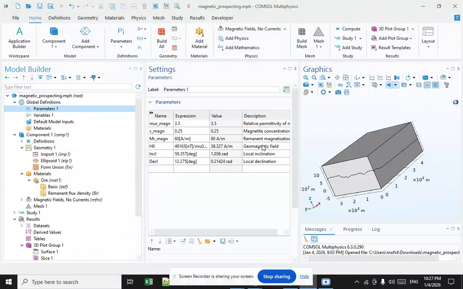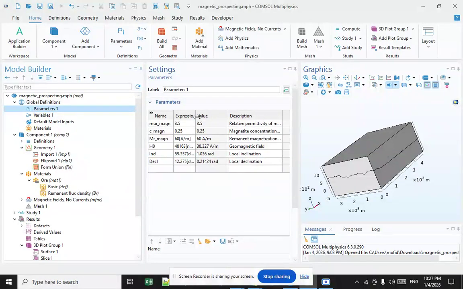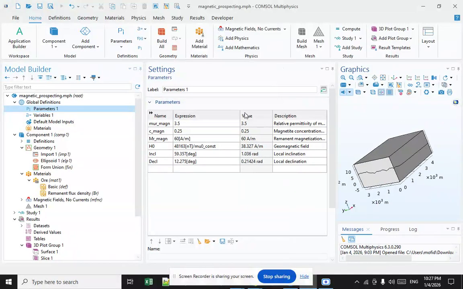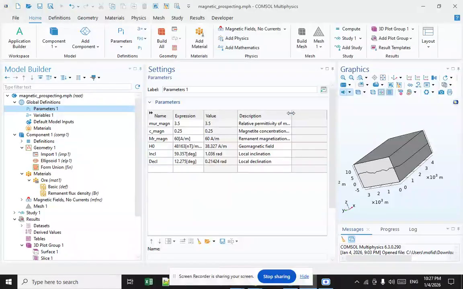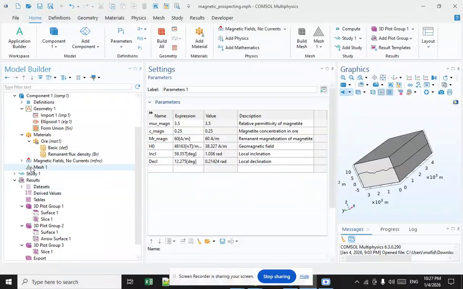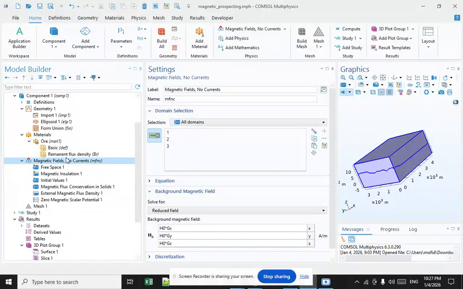The parameters we have used are the relative permeability, magnetic concentration in ore, and permanent magnetization of magnetic ore, geomagnetic field, local inclination and local declination. And the physics module that we have used is Magnetic Fields, No Currents.